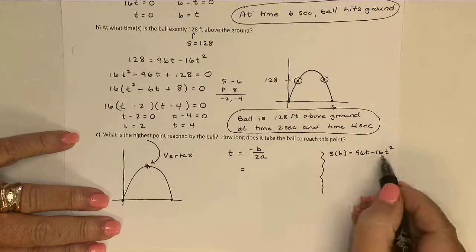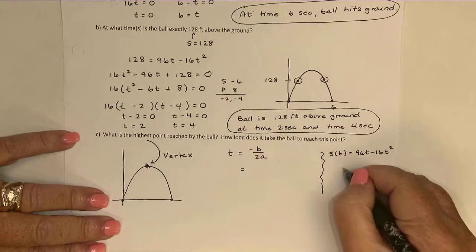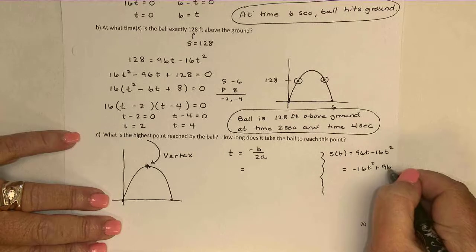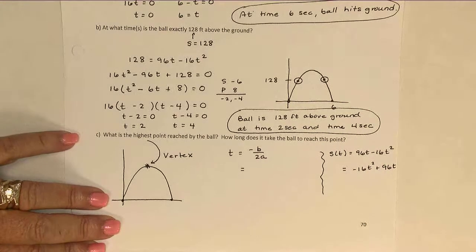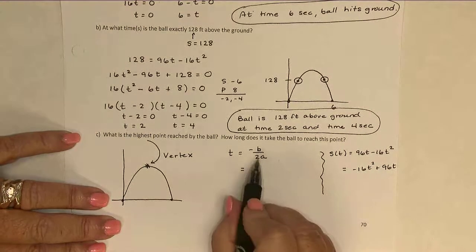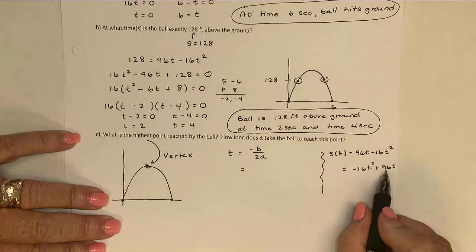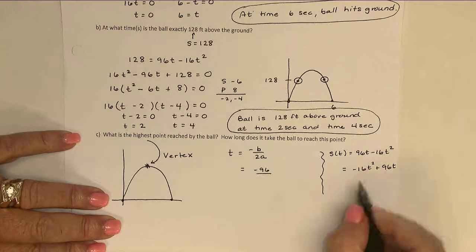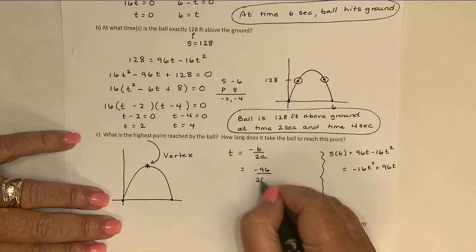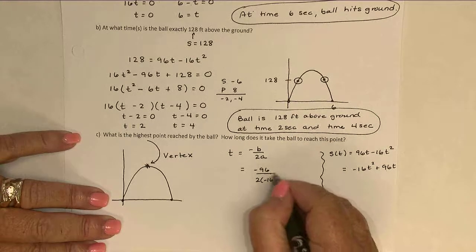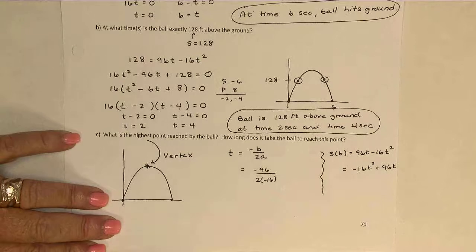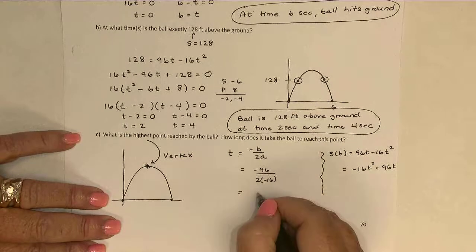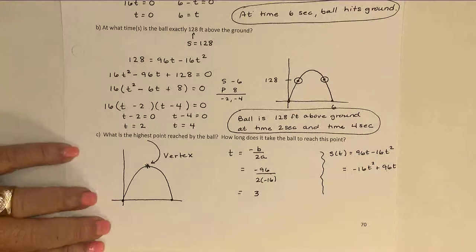This is not in descending order, and you might even want to rewrite it for yourself in descending order so you don't accidentally use the wrong a and b. The minus b would actually be a negative 96 over 2 times a is negative 16. So I'd have negative 96 divided by negative 32, which is 3.